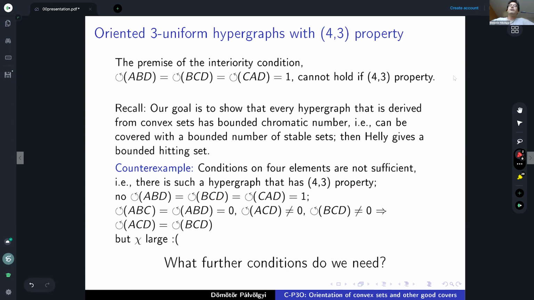So the question is, what further conditions do we need? From the work of Holmsen and Lee, we know that most likely the colorful Helly is enough, but we would like to get better bounds. So we don't just want some bound on chi, but some reasonably small bound if you have the force-free property, like chi at most 3 would be what we are after.